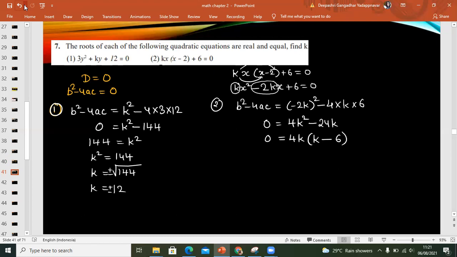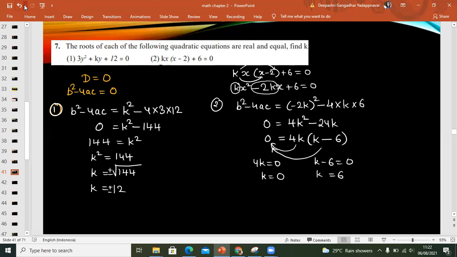Now see here, this 4k is multiplied with the bracket to give 0, so I can write 4k equals 0, and also this whole bracket equals 0, that is k minus 6 equals 0. In this, k is 0 divided by 4, which is also 0. Here negative 6 will become positive 6. So in this way we have got two values of k. One is 0 and the other one is 6.